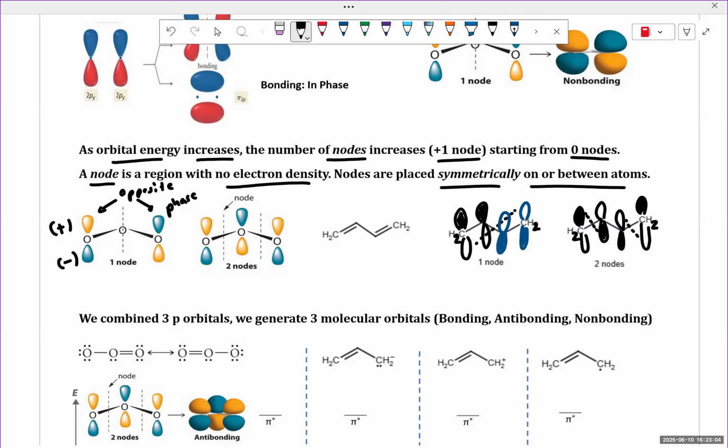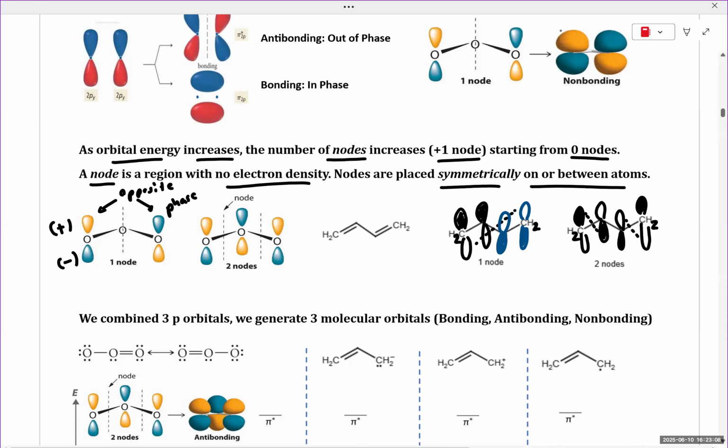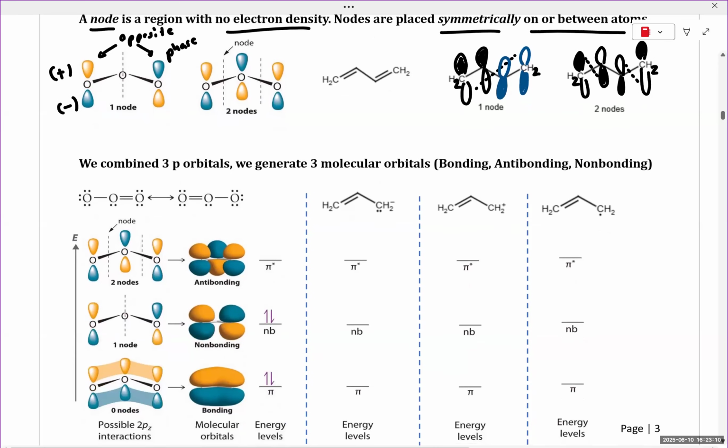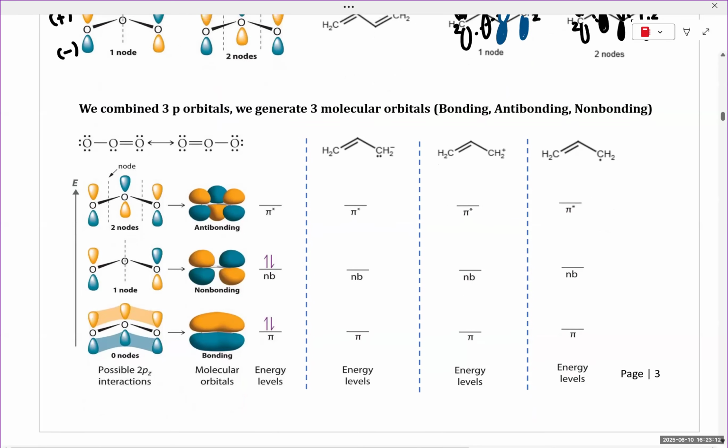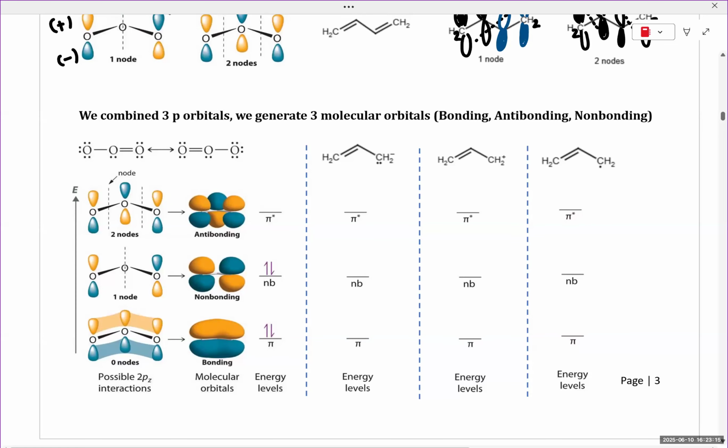Now, why is it important that we know how to draw these molecular orbital pictures for conjugated systems? Well, it allows us to better understand the overall energy and the overall patterns of reactivity for conjugated systems. For example, for ozone, we drew out molecular orbital diagrams with 0, 1, and 2 nodes arranged in order of increasing energy.